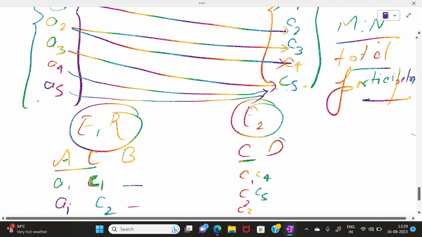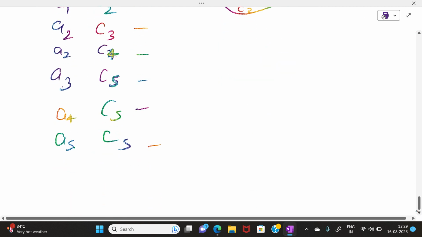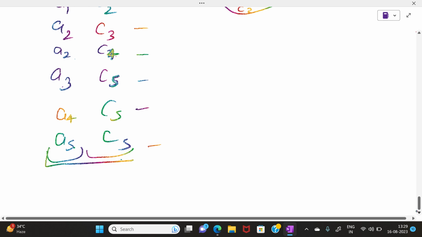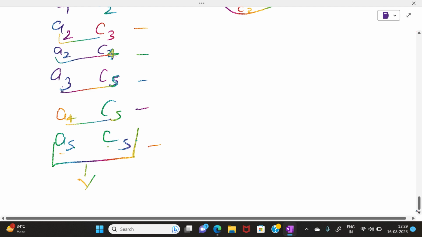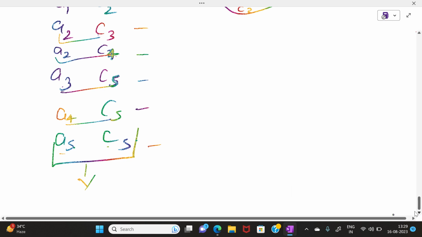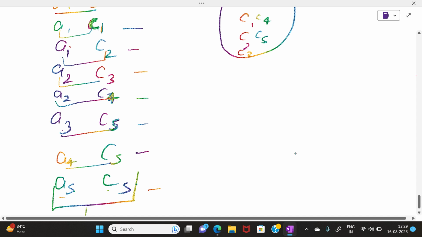Okay, so here we have C1, C2, C3, C4 and C5. So C is the candidate key here, right? So this is one table. Now if you see for this table, this is not the candidate key, this is also not the candidate key, but if we treat it together, so A5 C5, A4 C5, A3 C5, A2 C4, A2 C3, and then we have A1 C2, A1 C1 together.